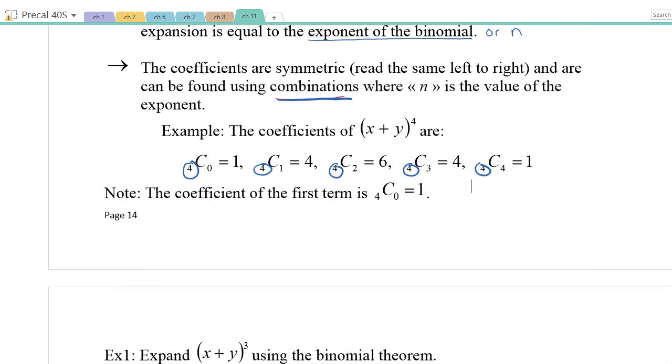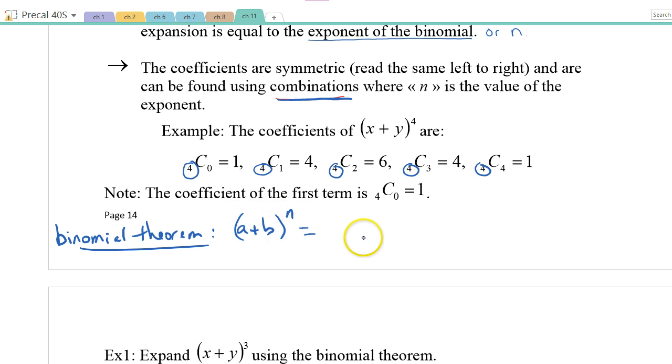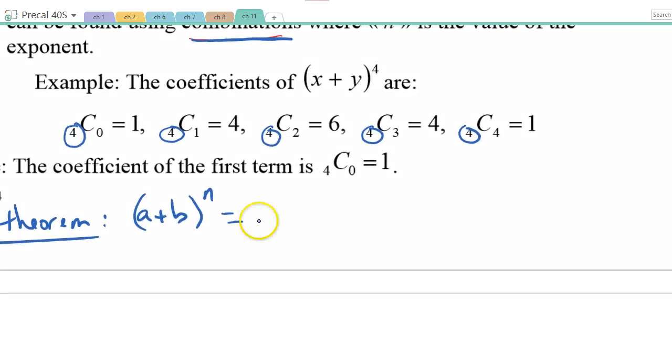Let's see if we can make a rule here. So this is called the binomial theorem. Let's write it in here. So the binomial theorem: when you're given a plus b to the power of n and you expand it, if you do the multiplication out, the first term is going to be equal to nC0, which no matter what this number is, it's always 1.